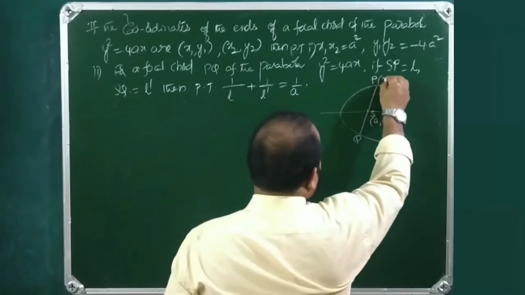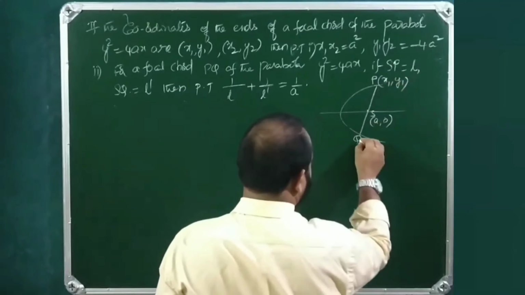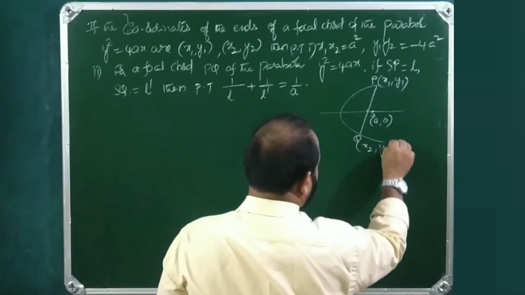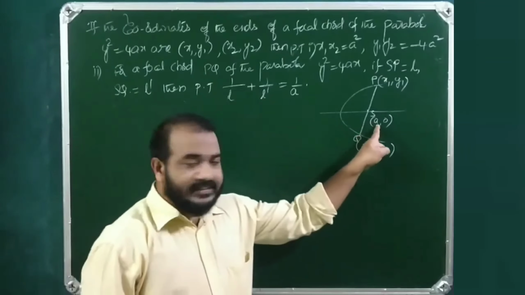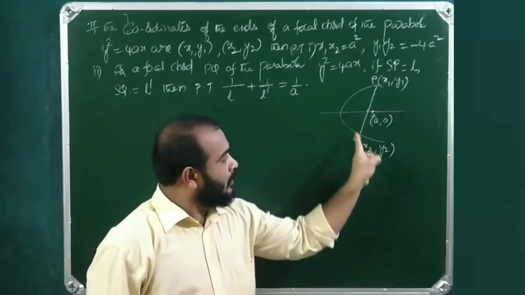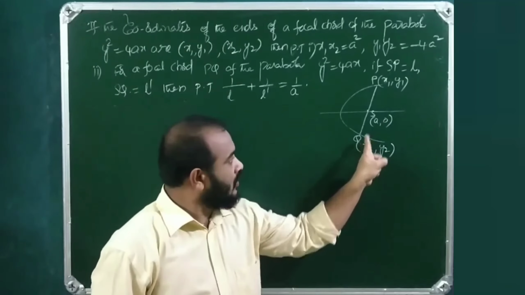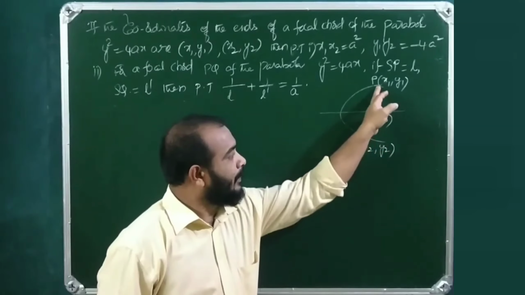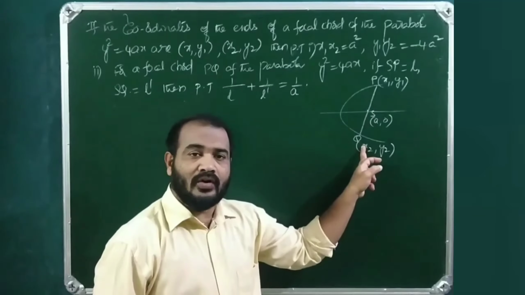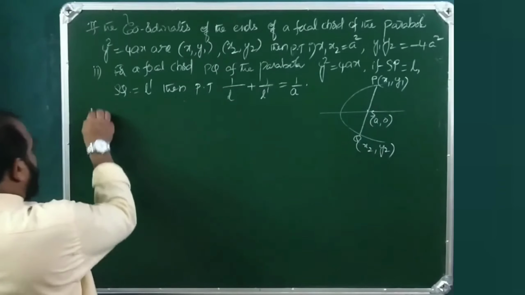This is P (x1, y1) and Q (x2, y2). Here the focus S, and P, Q, the ends of the focal chord, are all lying on the same line. Therefore, P, S, Q are collinear points.